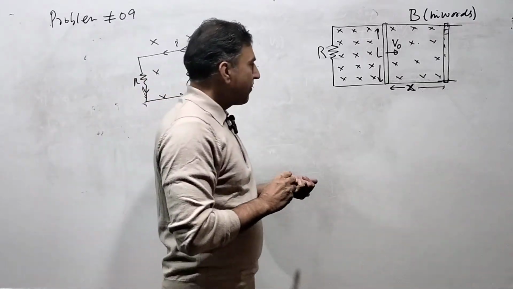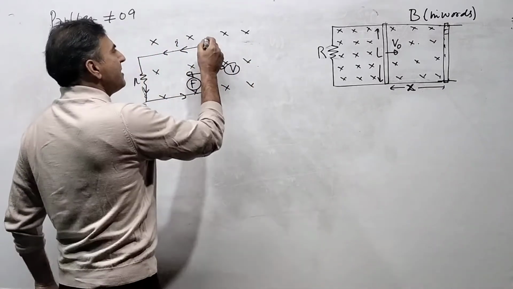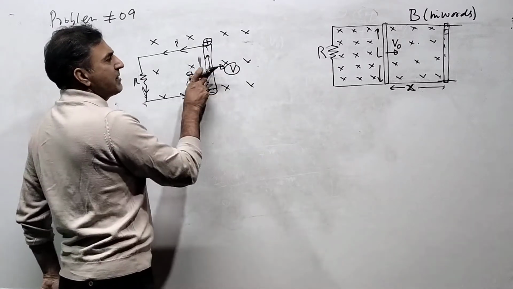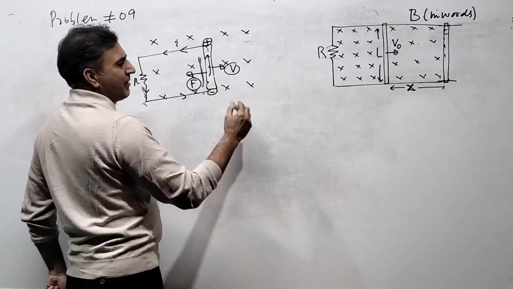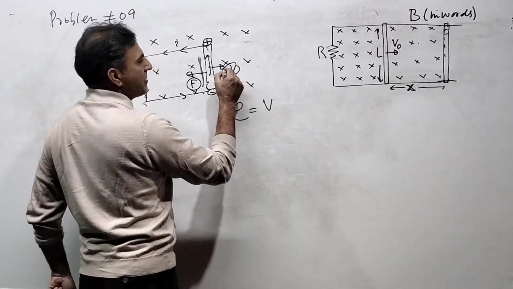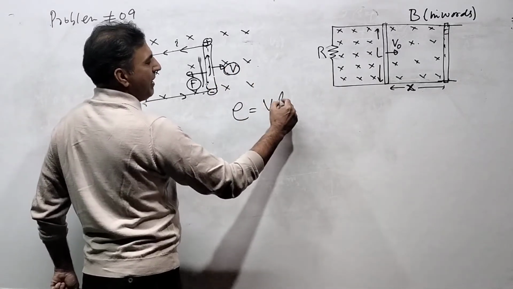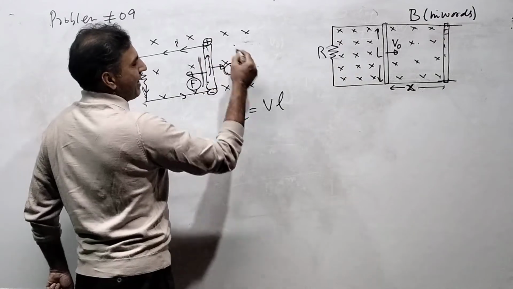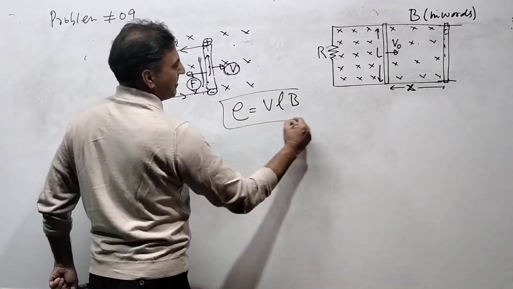That is the concept. But before I do that, what's the potential difference created in the rod because of this velocity? Potential difference that is induced is V, velocity of the rod, L, length of the rod, and B, magnetic field. This is the rule.